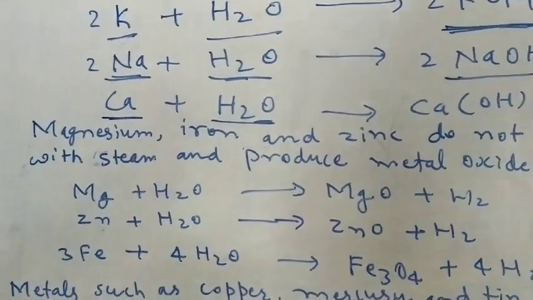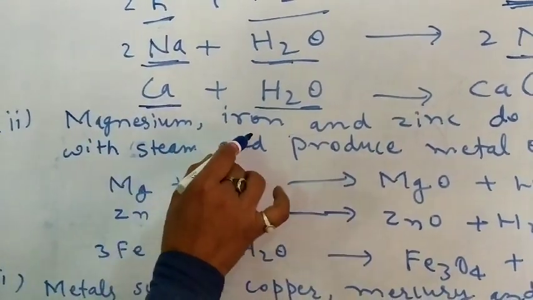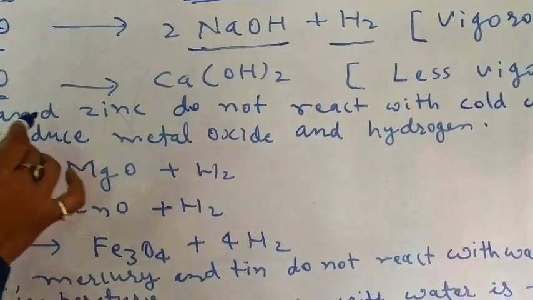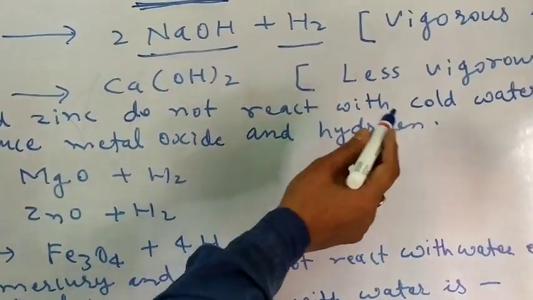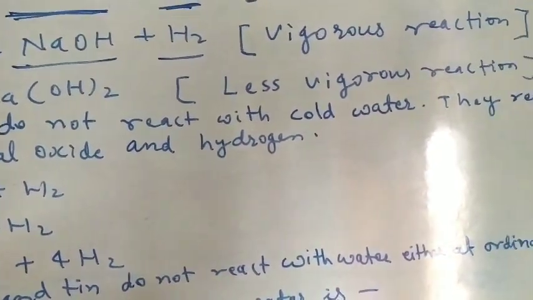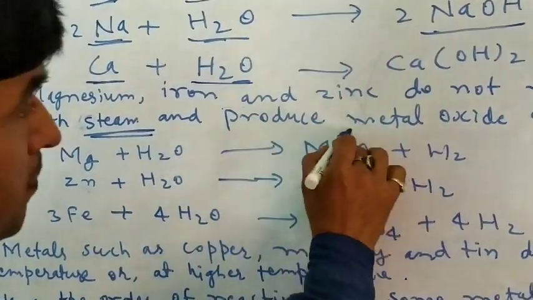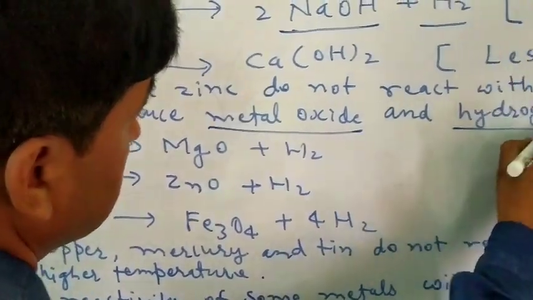On the other hand, magnesium, iron and zinc do not react with cold water. They react with steam and produce metal oxide and hydrogen.